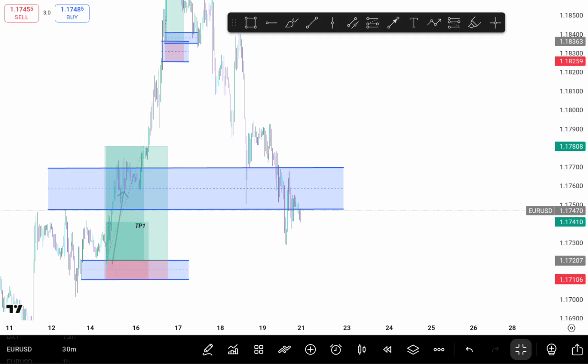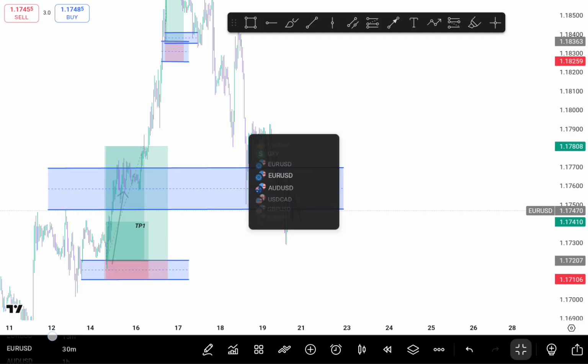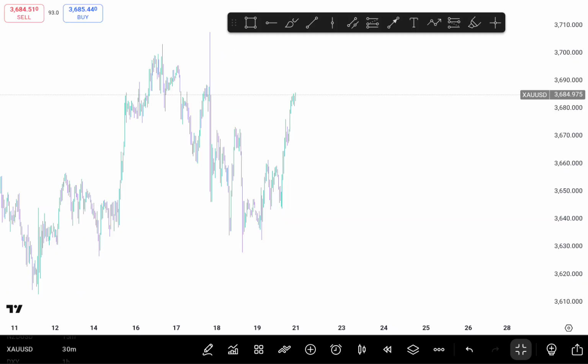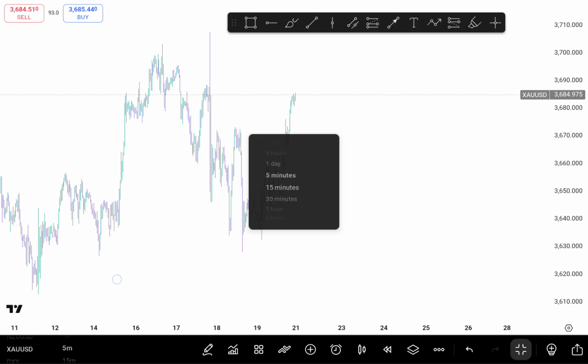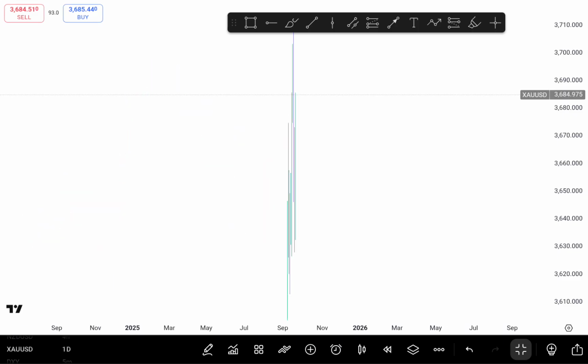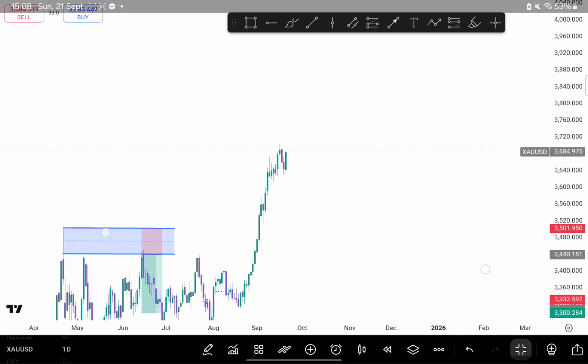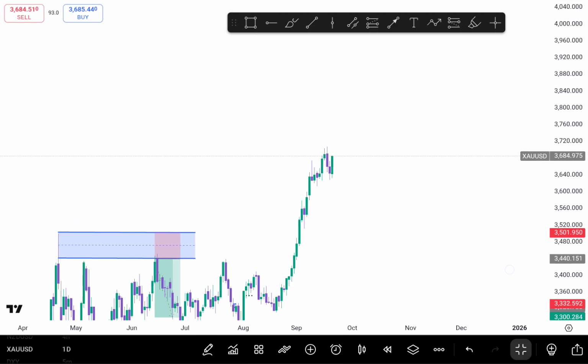So moving on, we'll be looking at gold, XAU/USD. Let's head over to the daily time frame to see the direction of the market. Gold is clearly on the bullish one.